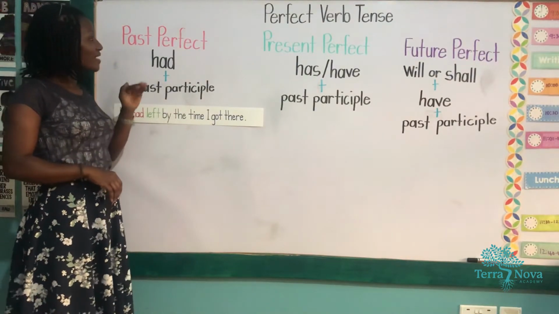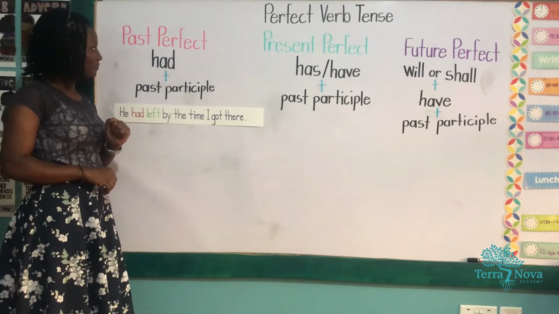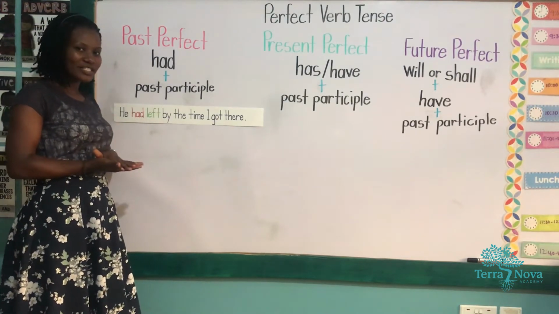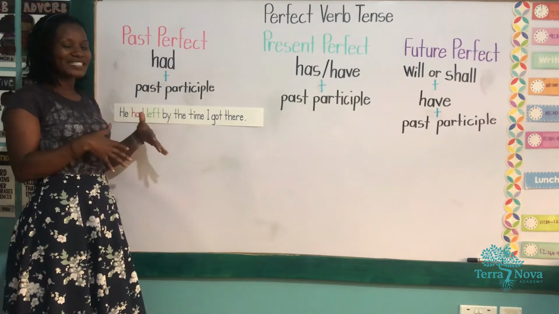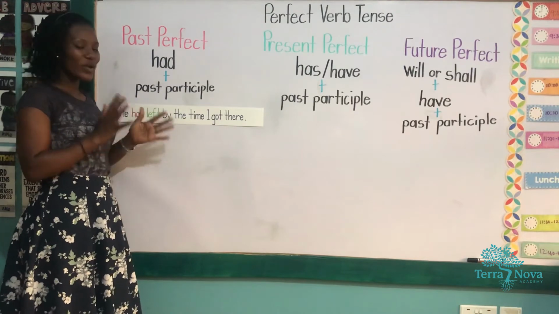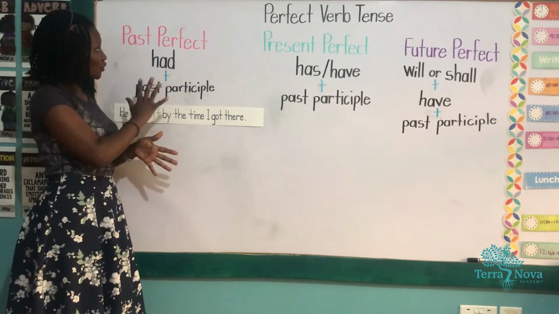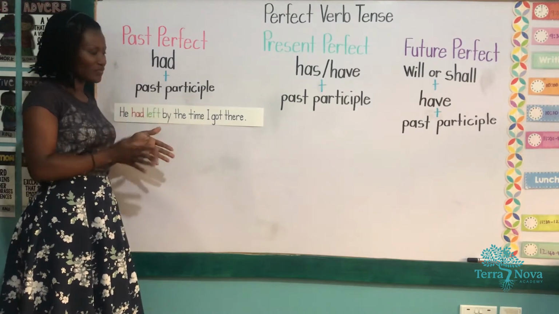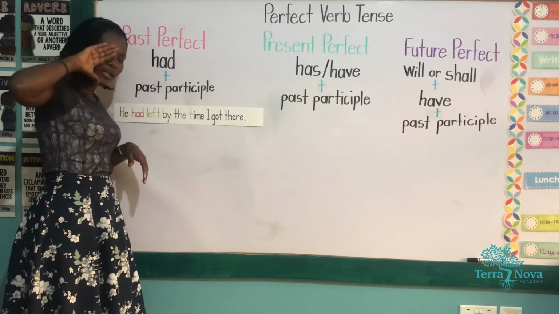Let's begin with the past perfect verb tense. Past perfect verb tense talks about actions that were completed in the past. Now, we have a formula that we use when we are dealing with past perfect. And we have a plus sign. Hello!